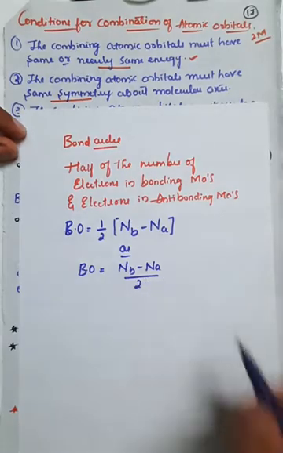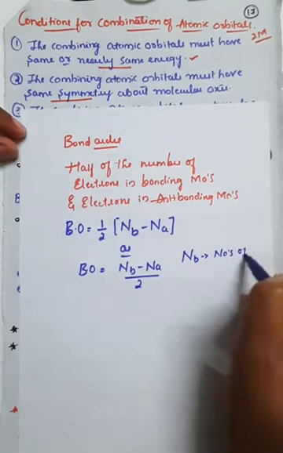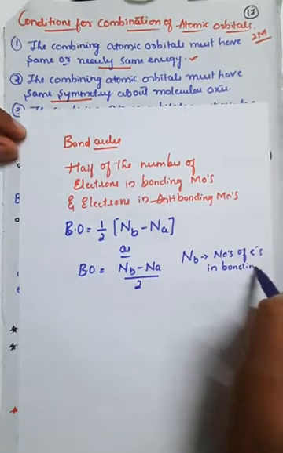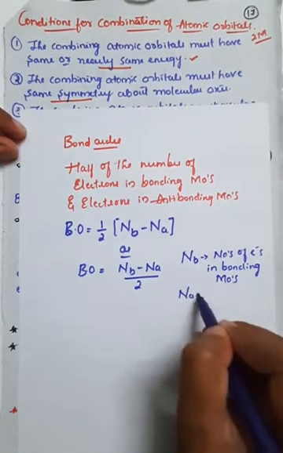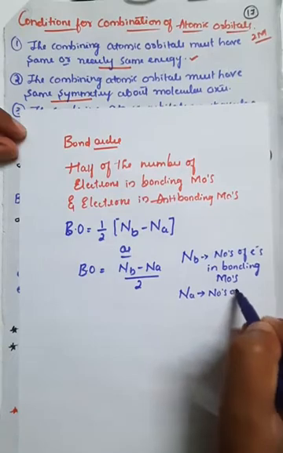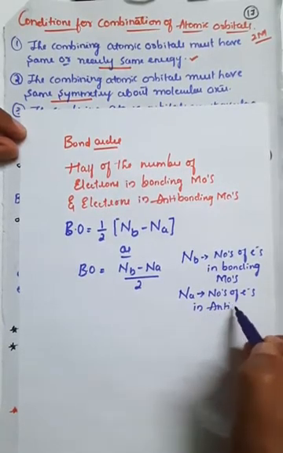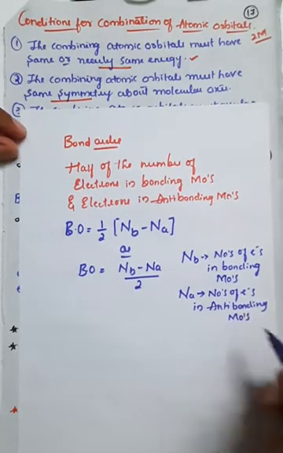This is the formula where Nb represents the number of electrons in bonding molecular orbitals, and Na represents the number of electrons in anti-bonding molecular orbitals. Observe here carefully.